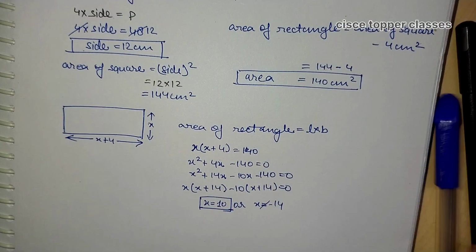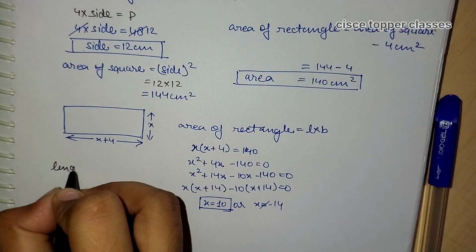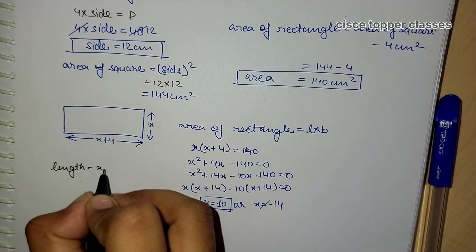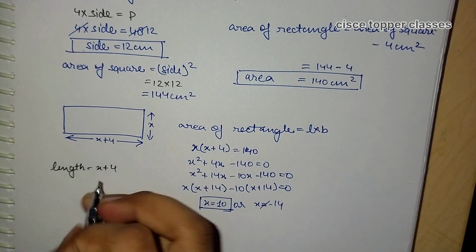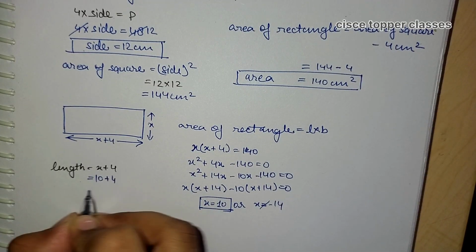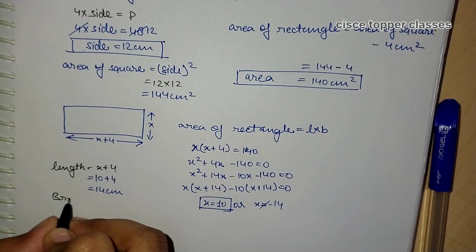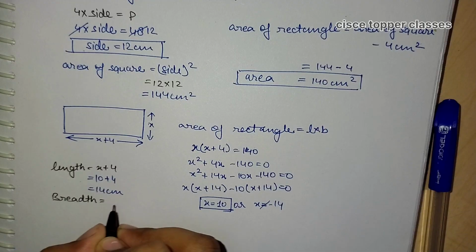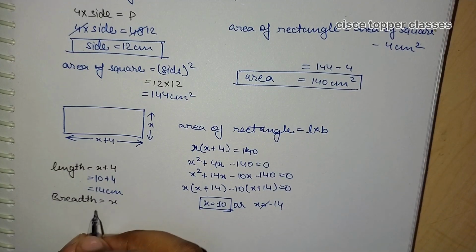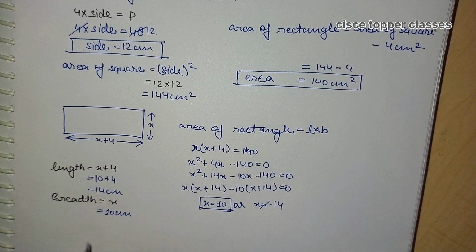If x is equal to 10, we can find the length from that. Length will be x plus 4, so 10 plus 4 will be 14 centimeter. Now the breadth here is x, so this will be 10 centimeter.